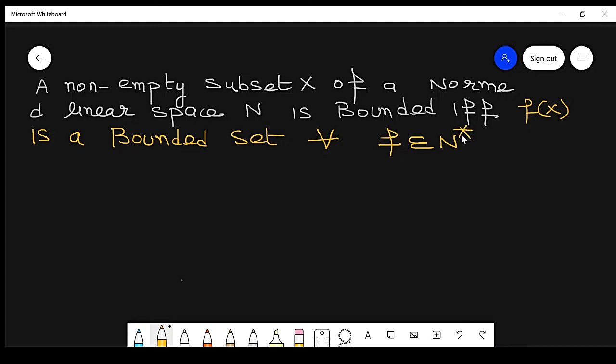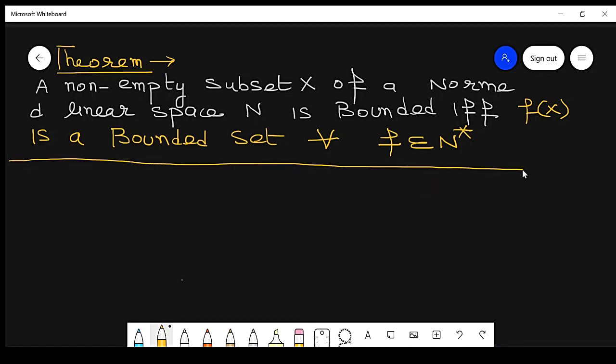So what is N star? N star is the dual space of N, which contains bounded linear functionals. So f is a bounded as well as linear functional from the normed linear space N to the field. So it is called a bounded linear functional.